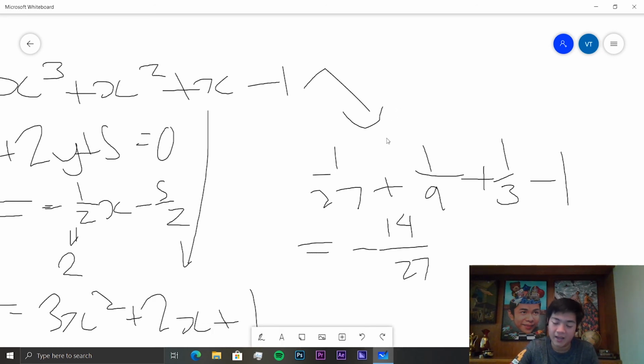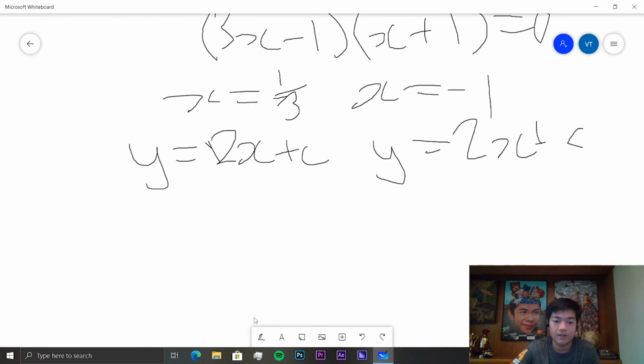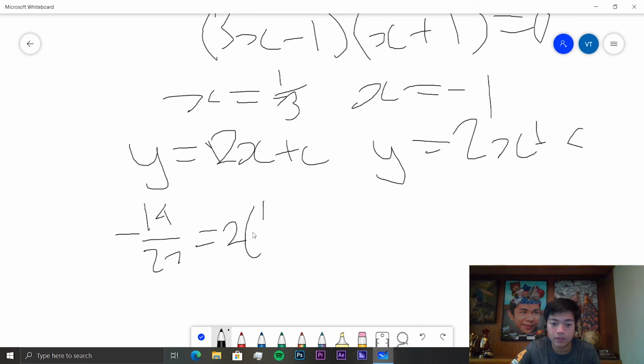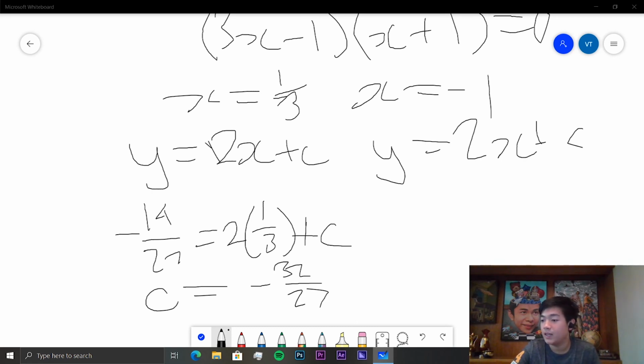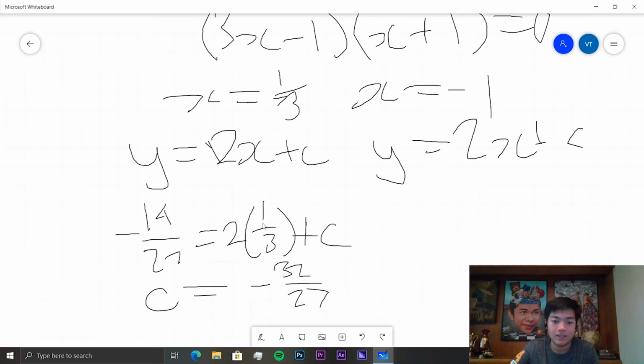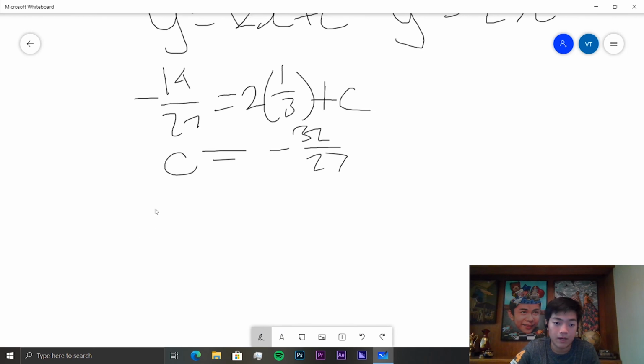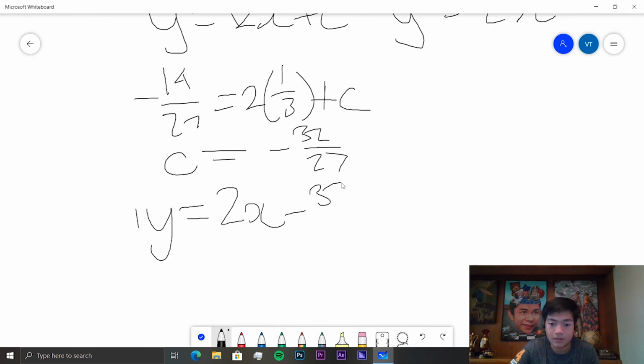So we know that negative 14 over 27 is equal to 2 times 1/3 plus c. So c must be equal to negative 14 minus 18, negative 32 over 27, I believe. And so our final equation is y is equal to 2x minus 32 over 27.